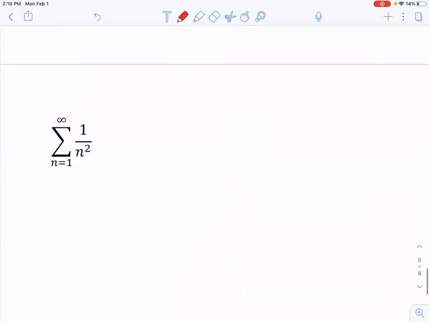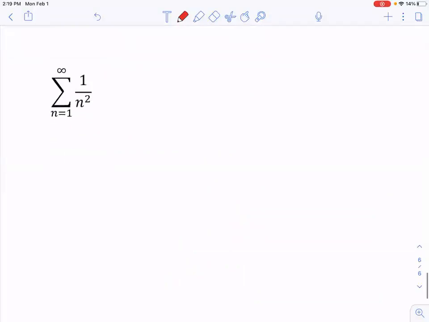So we'll finish out our day with a couple examples. So this one, the series from 1 to infinity of 1 over n squared. First of all, we need to recognize that it's a P series. 1 over n to a power is what we're looking for.